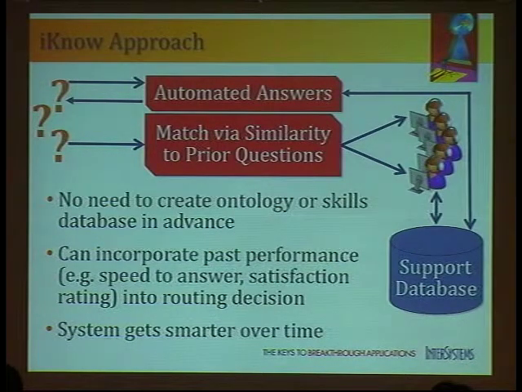With iKnow, what we're seeing are some very different ways of approaching that problem. First of all, there is no need to define a dictionary of terms that will serve as keywords. There's no reason to have such an ontology because iKnow will extract that information automatically.